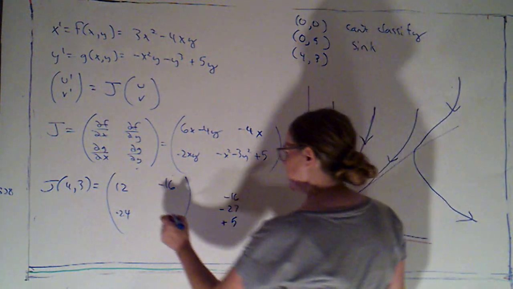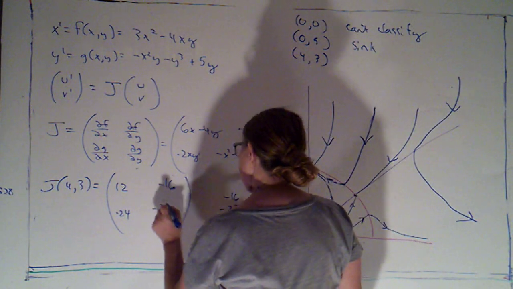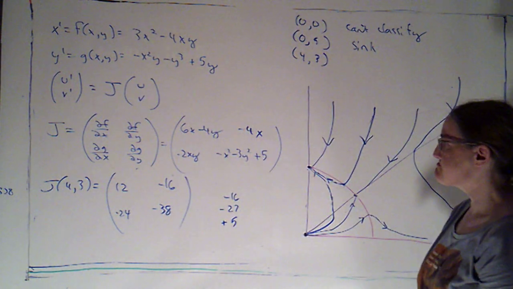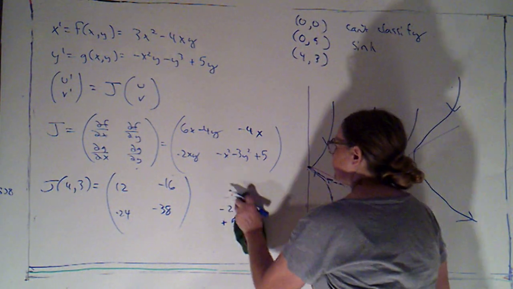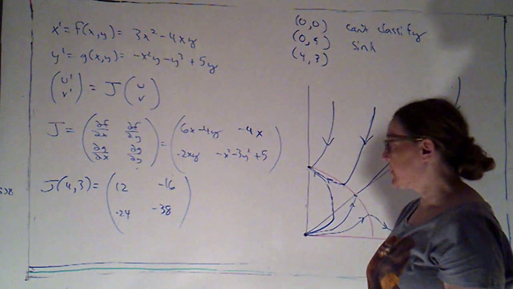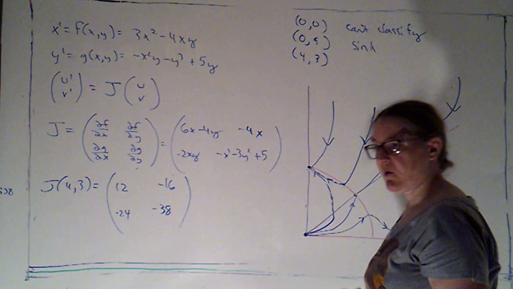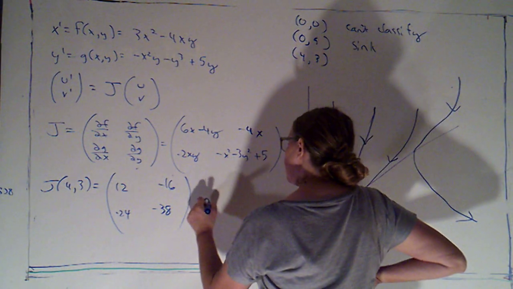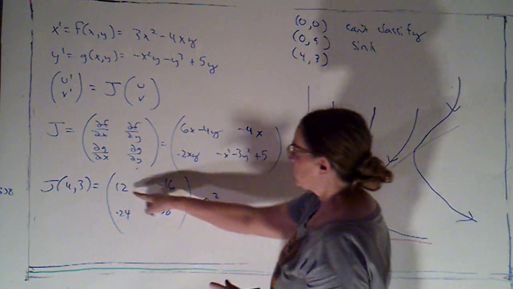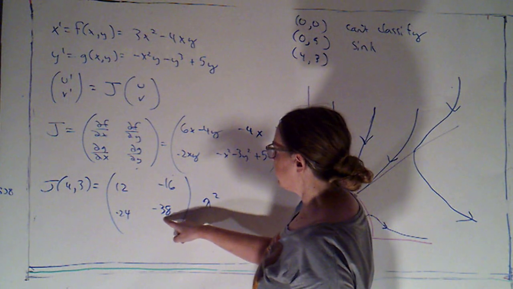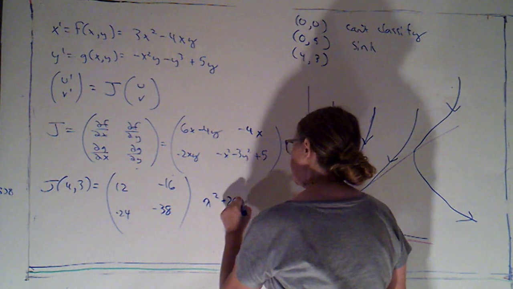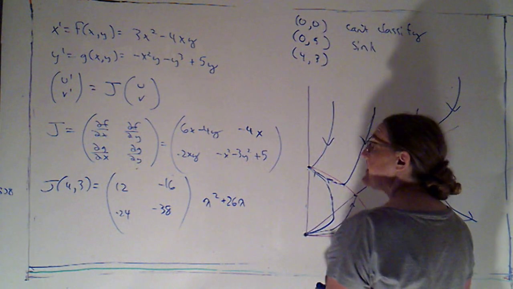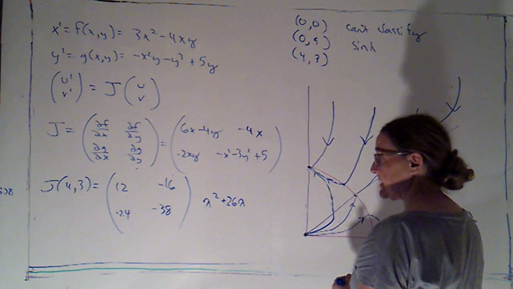So I think that's going to be a negative 38. Okay, so let's work out our characteristic equation. So I'm going to get lambda squared. Now my trace here is negative 26, so that'll become plus 26 lambda, and then plus the determinant.